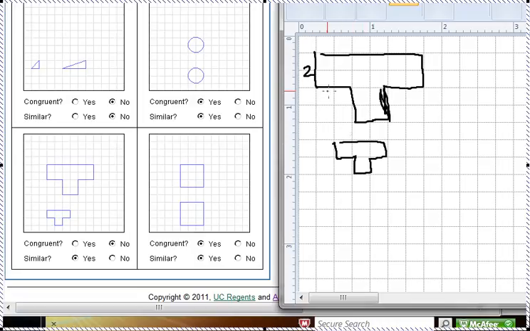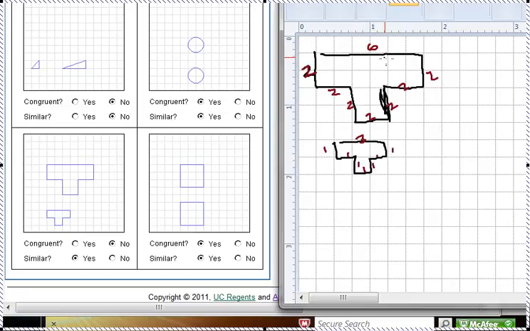Let's label the distances here in a different color, dark red. So this is 2, 2, 2, 2, 2, 2, 2, and counting across, I get 6. And this is 1, 1, 1, 1, 1, 1, 1, and counting across, I get 3.